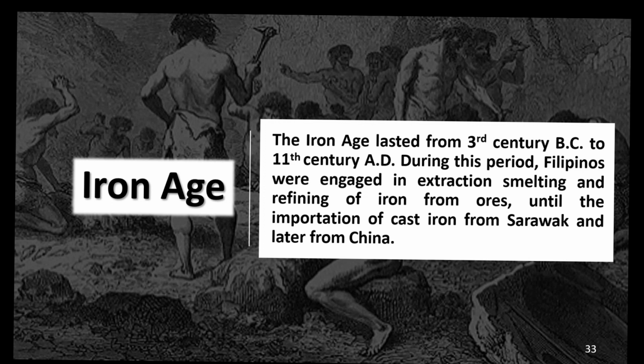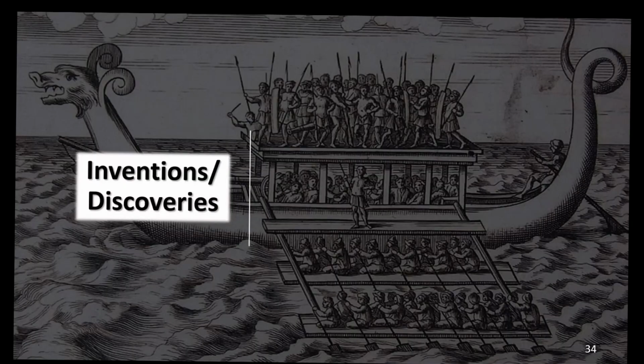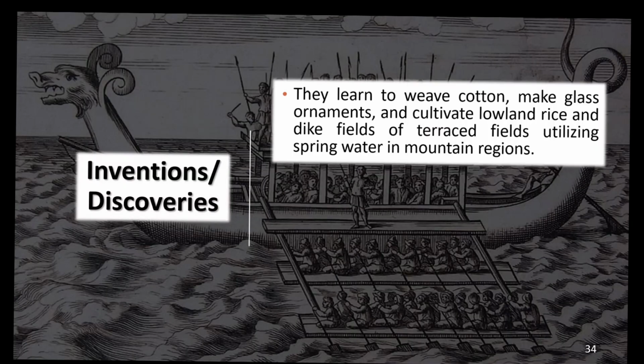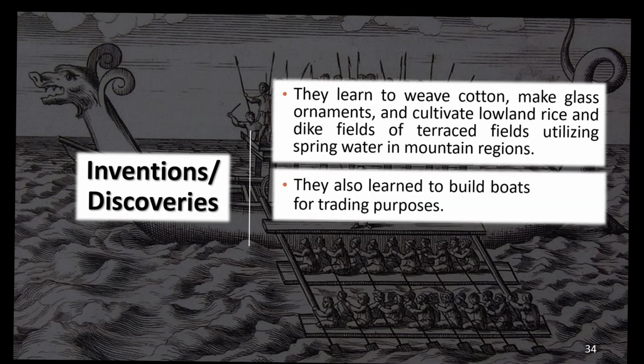They were able to extract, smelt, and refine the iron. As for inventions or discoveries, they learned how to weave cotton, to make glass ornaments, and to cultivate lowland rice and dike fields or terrace fields, utilizing spring water in mountain regions.